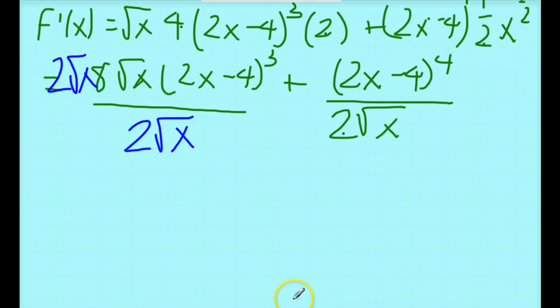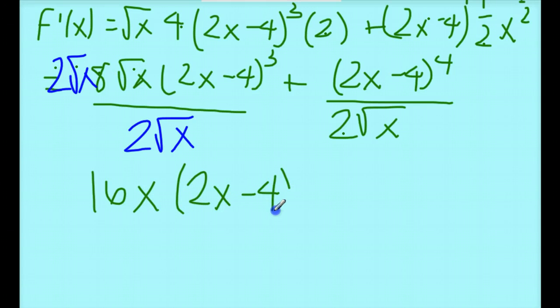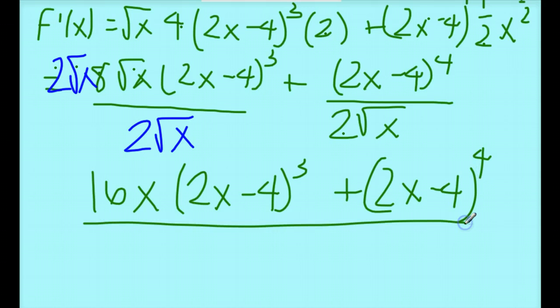If I scroll down a little bit, let's simplify again. 2 times 8 is 16. Square root of x times square root of x is x, times (2x minus 4) to the third plus (2x minus 4) to the fourth, all over 2 radical x.